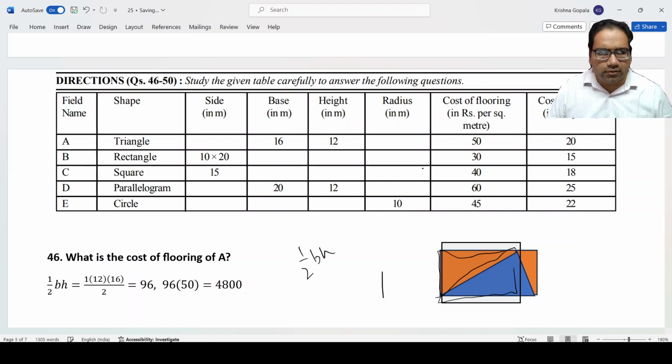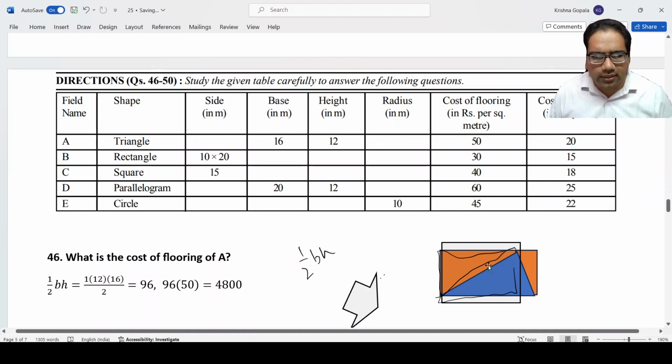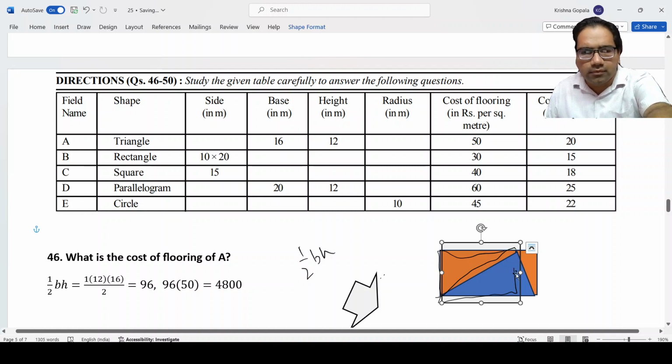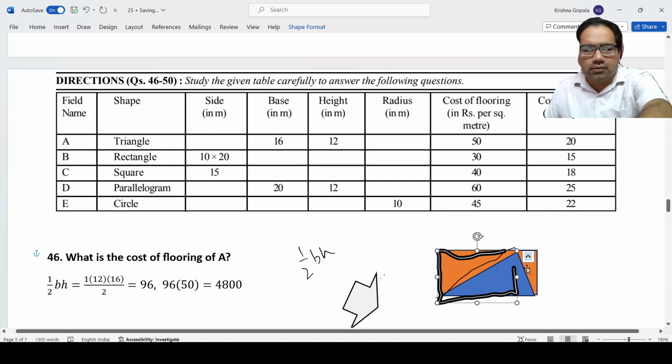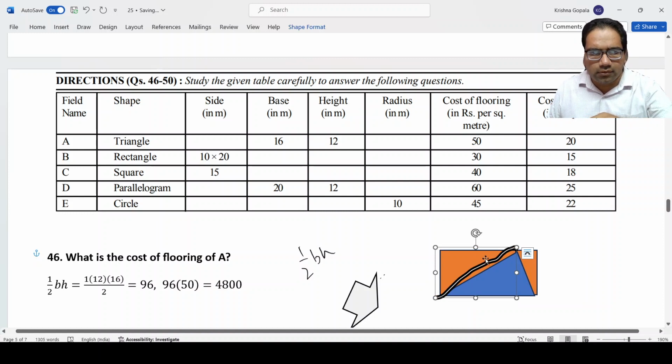Okay, let's take any triangle. So this triangle is half the area of this one half part of the rectangle. Okay, so the blue part of this triangle is equal to half of this entire rectangle.